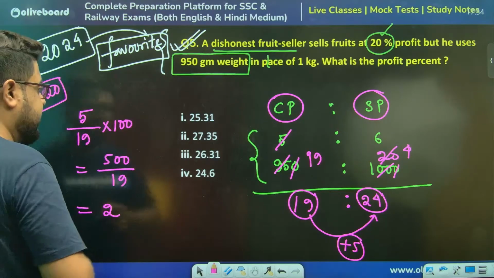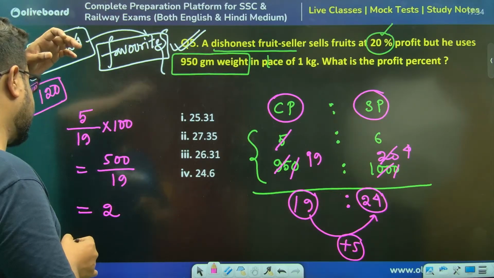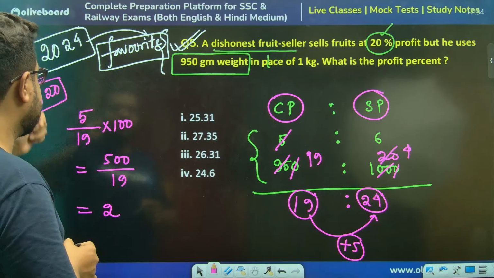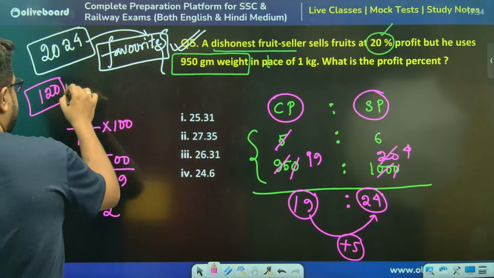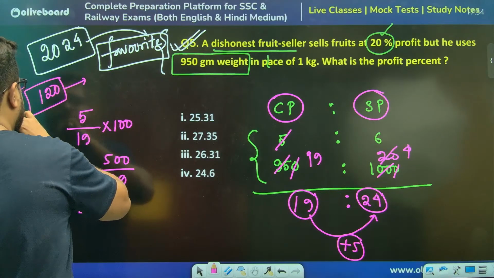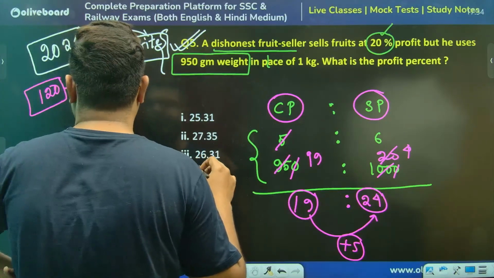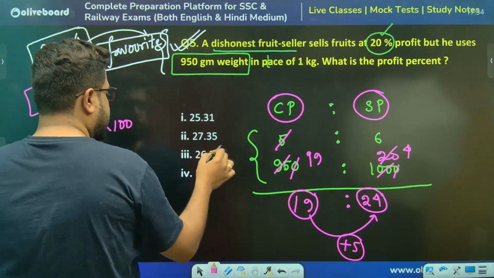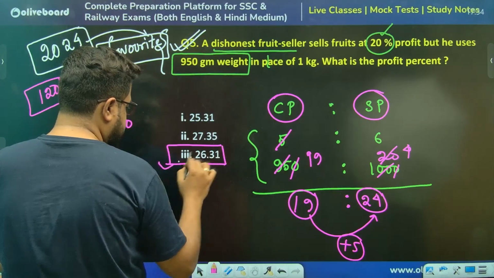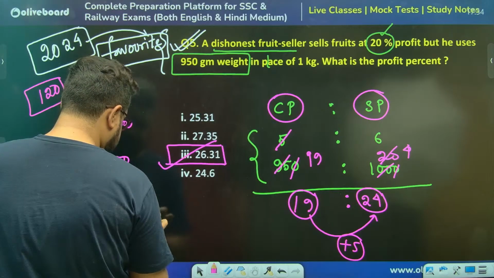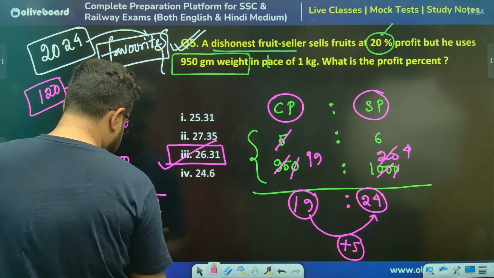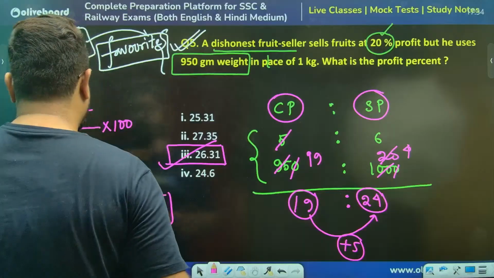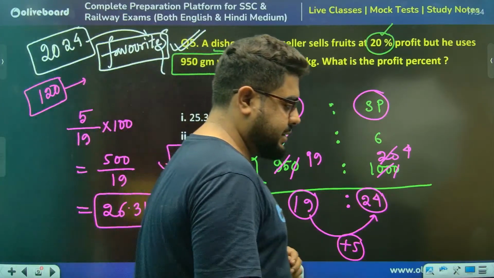So 120 remaining. 7 will go? No, 7 will not go, sir, only 6 will go. So 26.31%. 26.31% will be the answer, sir.